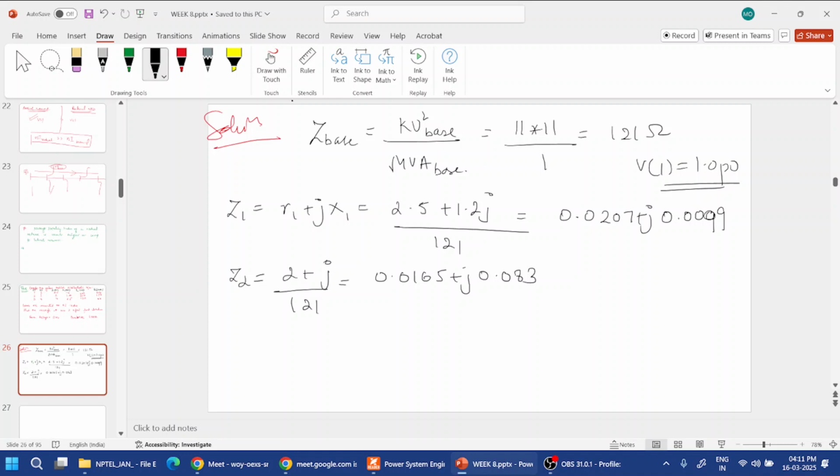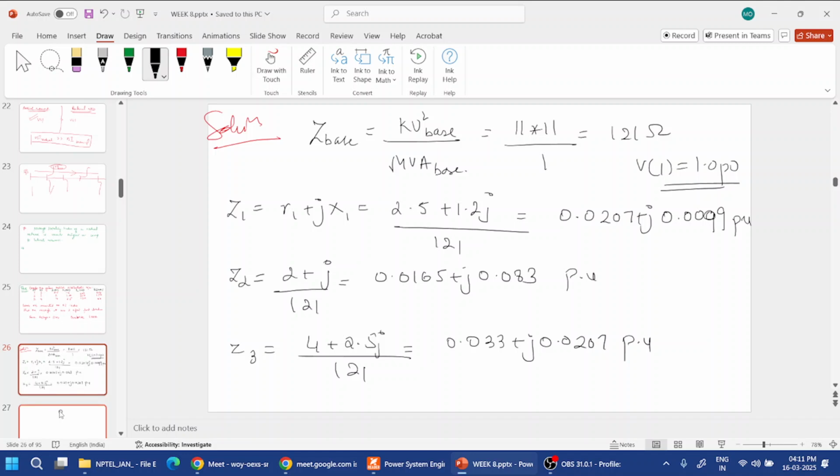Then we calculate Z3. These are all in per unit because we have divided by the base. Z3 is 4 plus 2.5j divided by 121, which comes out to around 0.033 plus j0.0207 per unit.